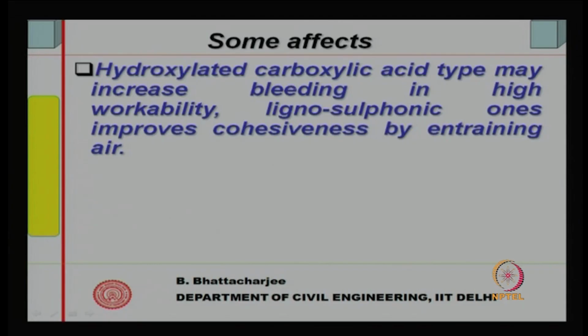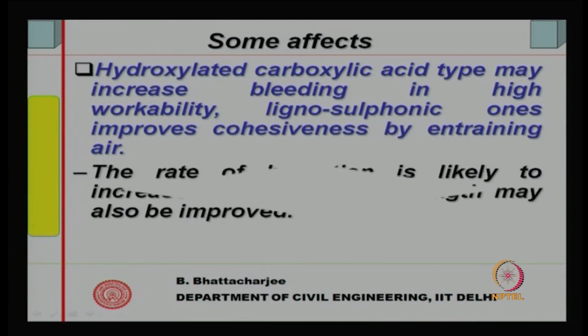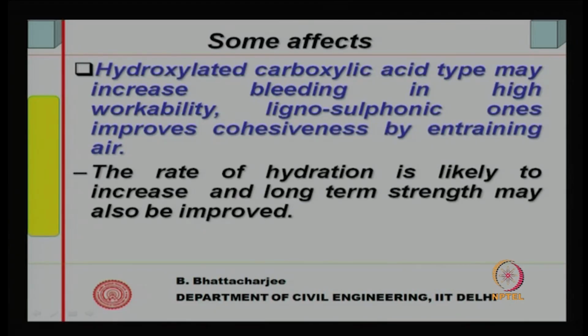Hydroxylated carboxylic acid type, these are polycarboxylate and similar ones, may increase bleeding in high workability, and lignosulfonic acid ones may improve the cohesiveness by entraining some amount of air. Rate of hydration is obviously likely to increase, and long term strength also may be improved.